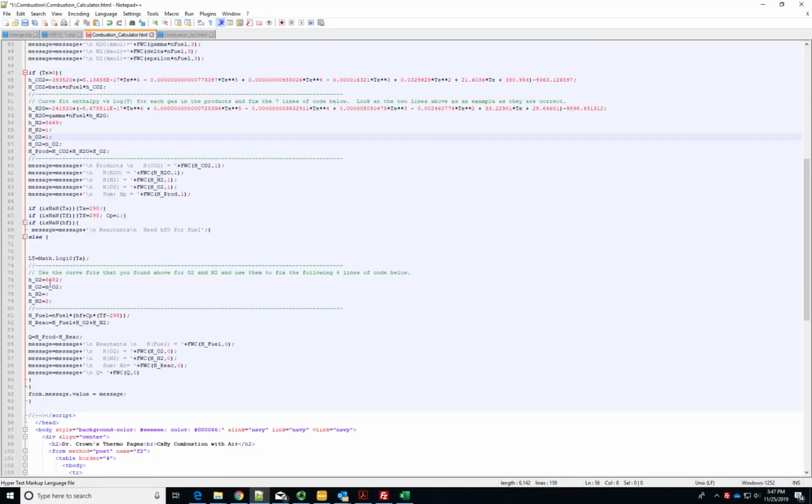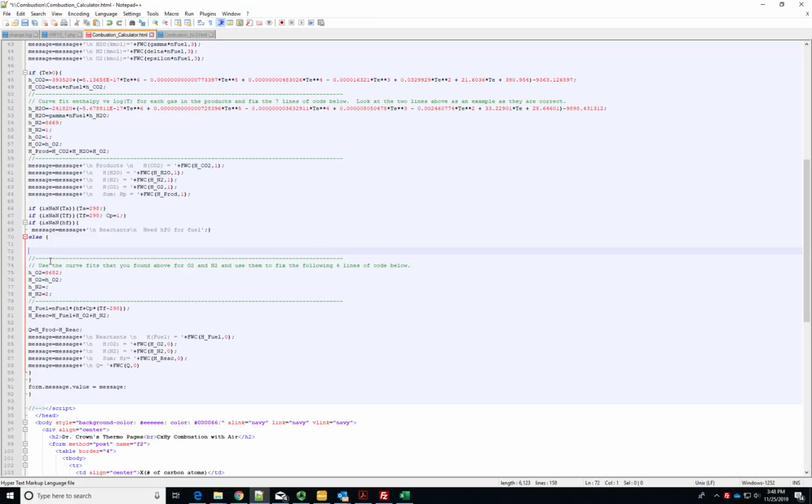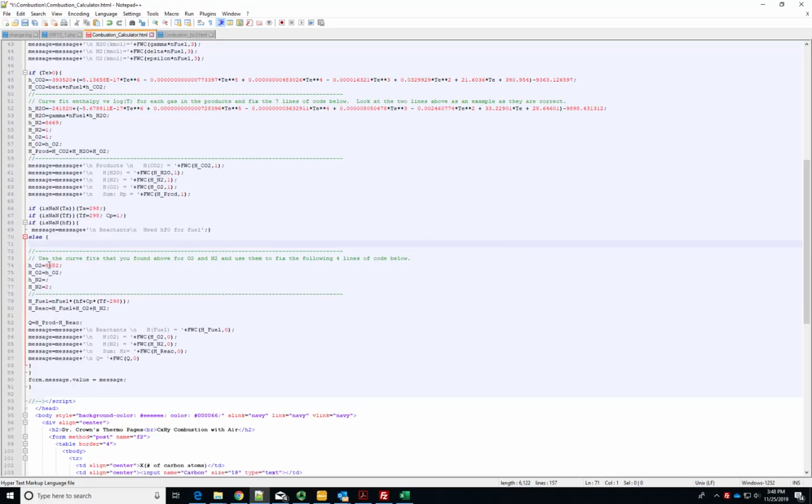It needs the equations for oxygen and nitrogen at the temperature of T air. So if you redo that, you'll just do that as a function of T air rather than the log. So we use that for T air, so we don't really need that equation there. T air is defined. So you put those functions in.